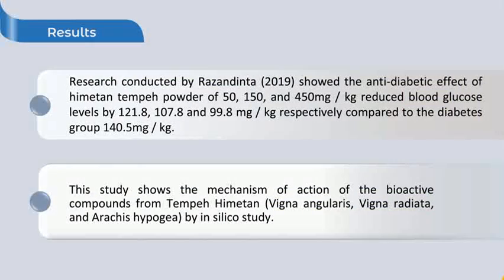My previous research in 2019 showed the anti-diabetic effect of humitan tempeh powder of 50, 150, and 415 mg/kg reduced blood glucose levels by 121.8, 107.8, and 99.8 mg/kg respectively, compared to diabetes group 140.5 mg/kg.